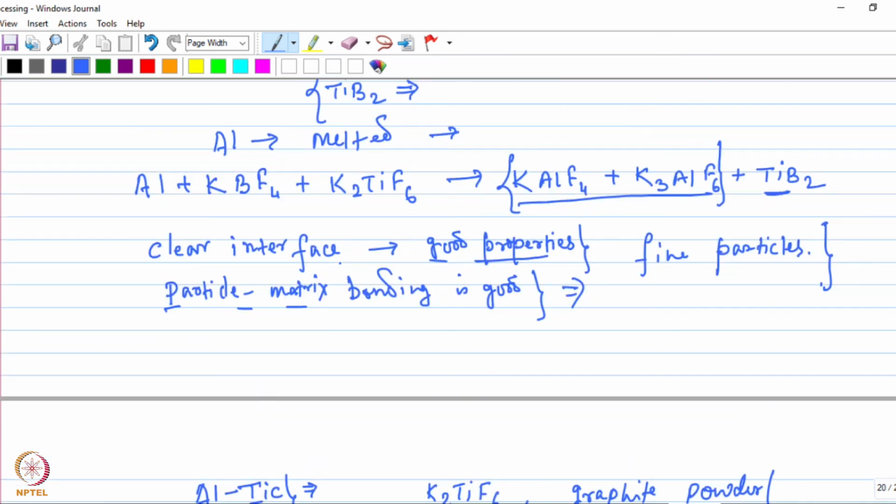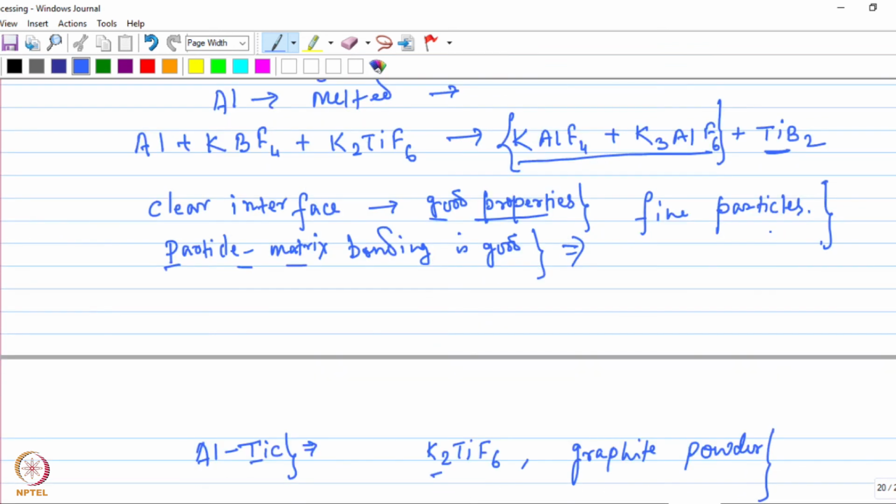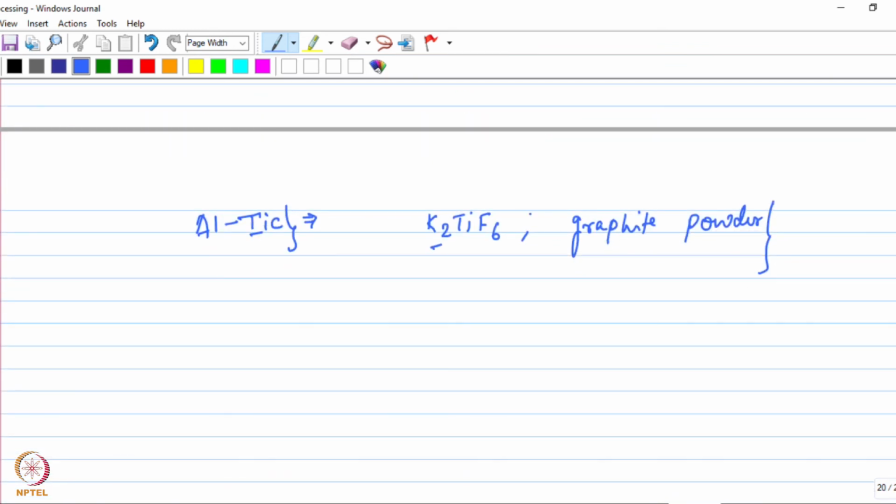First you need to release the titanium from this salt, and since titanium has a high affinity for aluminium, it will first react with aluminium to form Al3Ti, and then from that Al3Ti the titanium will diffuse out and go to the graphite powder to react with it and form the titanium carbide.